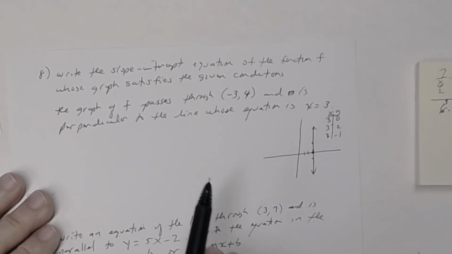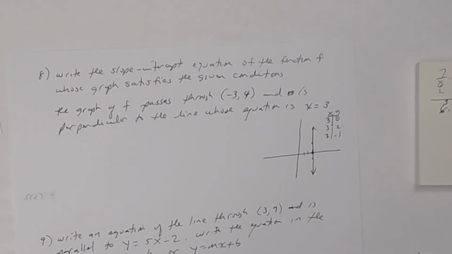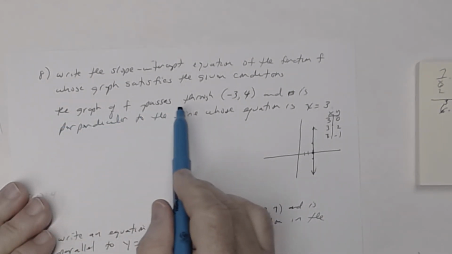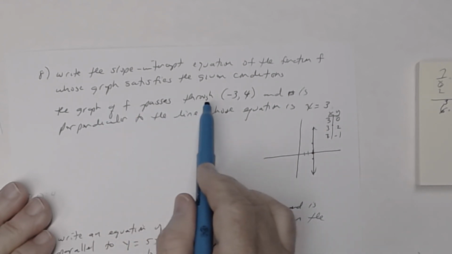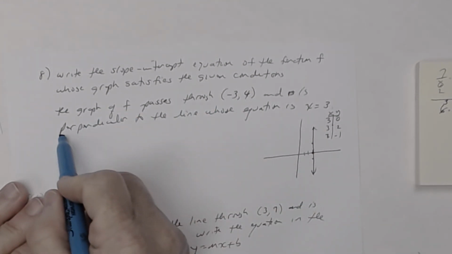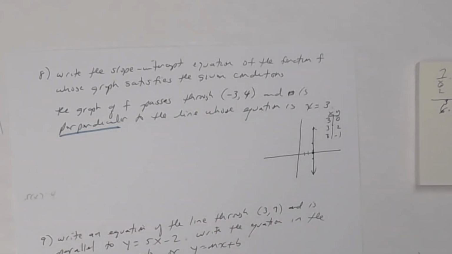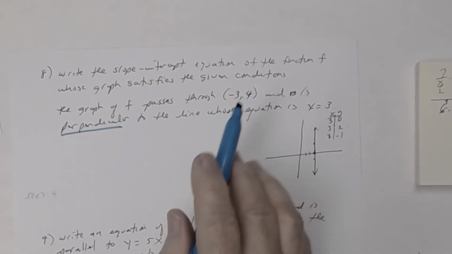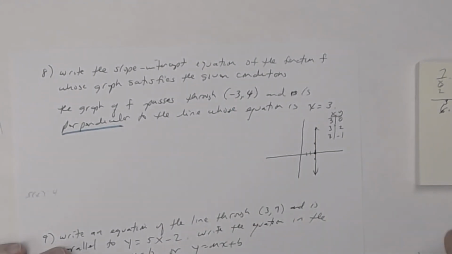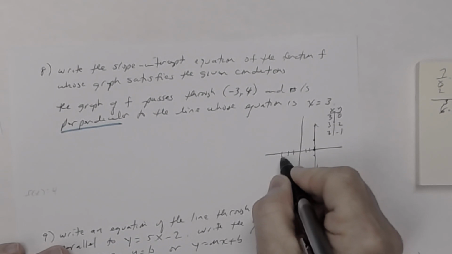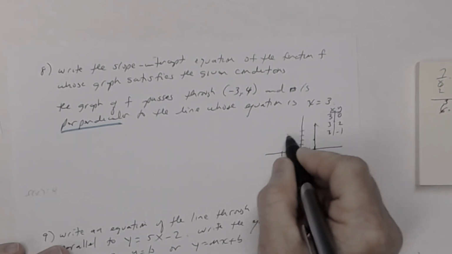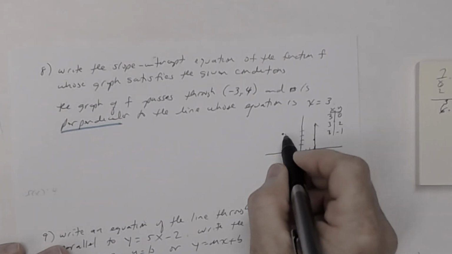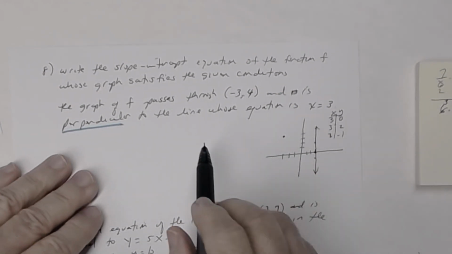Now, you're told that the graph of the equation you're interested in is perpendicular to that line and contains the point (negative 3, 4). Here's the point (negative 3, 4): 1, 2, 3 left, 1, 2, 3, 4 up.